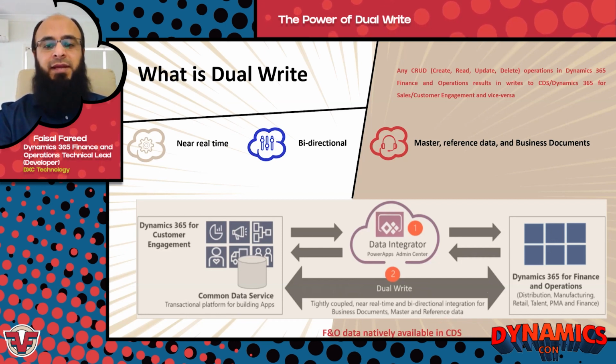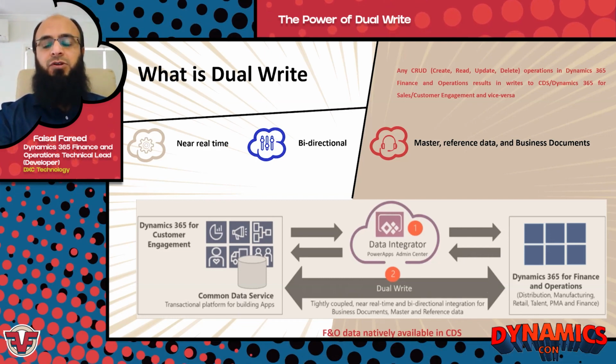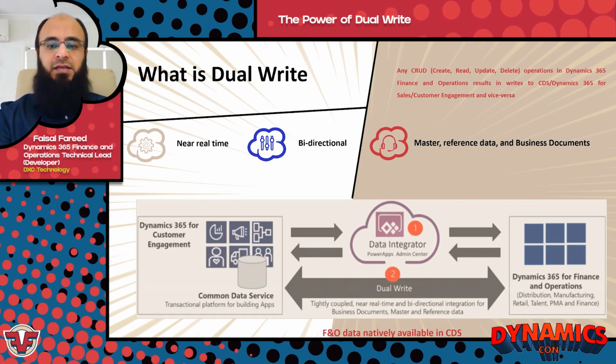If you can have all the data from your ERP in the CDS, you can use Power Platform to perform all the other things you want on top of finance and operations data. You can use Power BI, flows, Power Automate, Power Virtual Agents, and any feature which is coming or already exists for the Power Platform. So this is the biggest benefit of having dual write here.